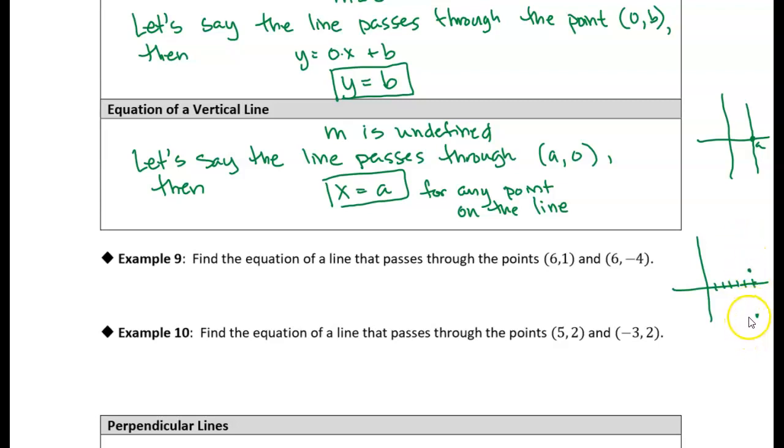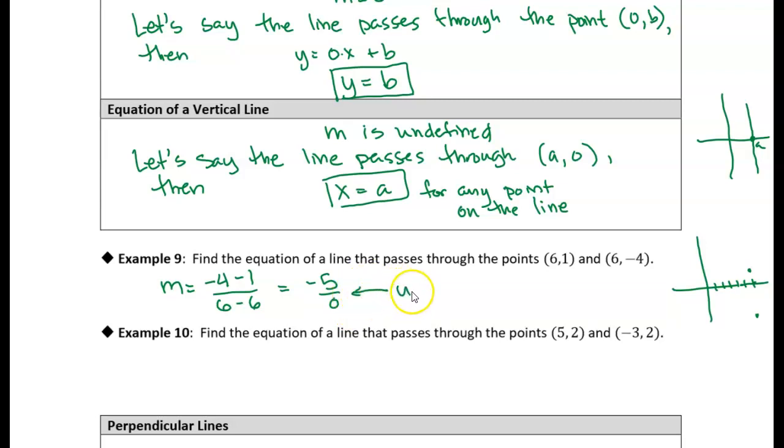But if you don't notice that, and you just calculate the slope for the line, what I would get is -4 minus 1 all over 6 minus 6. Now, what does that give me? It gives me -5 over 0. And you cannot divide by 0. Just remember that. You cannot divide by 0.